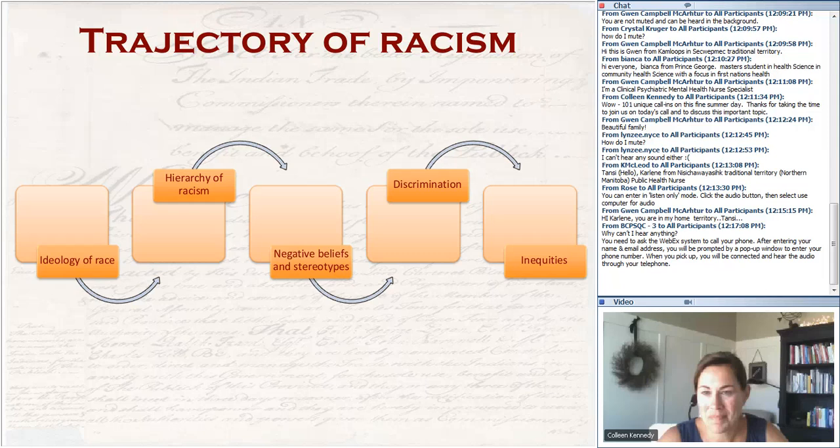The second square here is really about that notion of a hierarchy that I was talking about, right? Race wasn't constructed on a flat plane. There was a hierarchy created in the 1600s when European settlers and explorers and philosophers started to construct this concept of race.